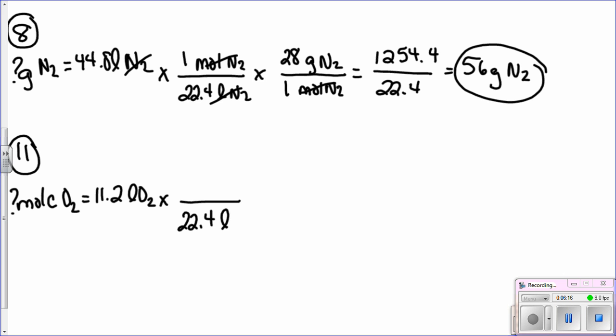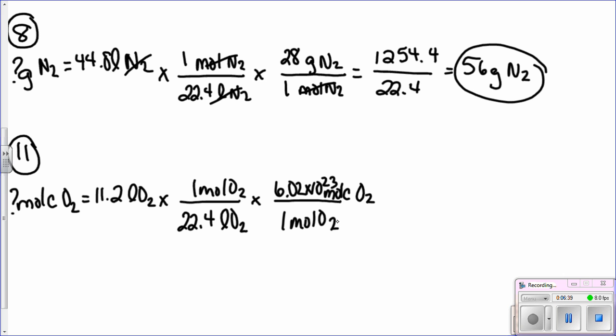22.4 liters of oxygen to 1 mole of oxygen because it's the same substance, so that's why it's 1. Then we're going to go 1 mole of oxygen to our molecules of oxygen, and that's when we use Avogadro's number, the 6.02 times 10 to the 23rd molecules of oxygen. And since the substances are the same, it's to 1 mole. Then we take 11.2 times 1 times 6.02 times 10 to the 23rd, and that gives us 6.74 times 10 to the 24th.